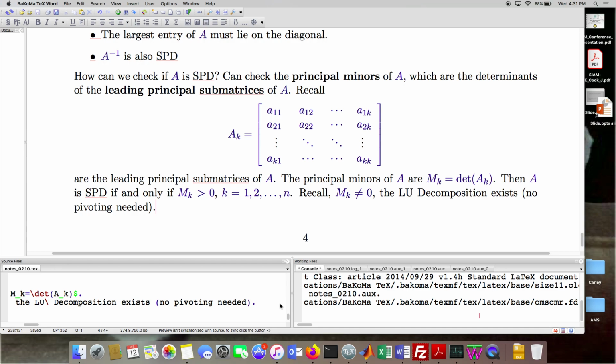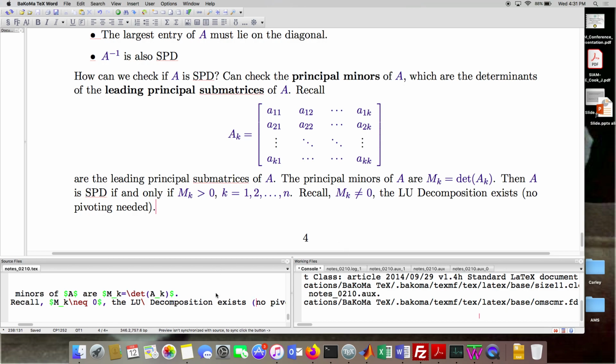So if you have a symmetric positive definite matrix, the principal minors are positive, so certainly non-zero. In that case, if you're going to do Gaussian elimination on an SPD matrix, you don't need to pivot. But again, because of the symmetry, we can take advantage of that and reduce the amount of work. So we could do the LDL^T factorization and know that we don't need to pivot.